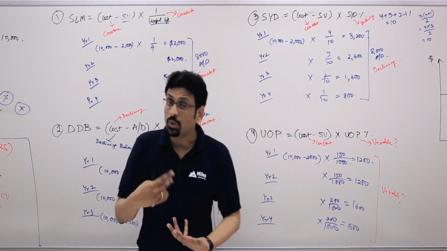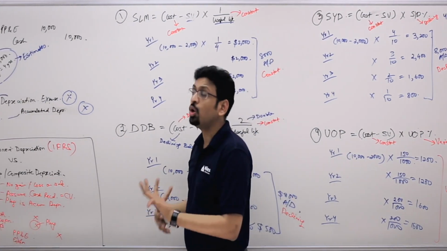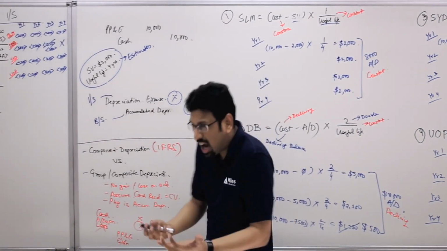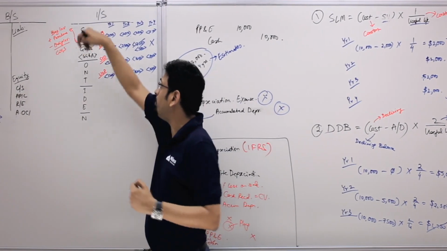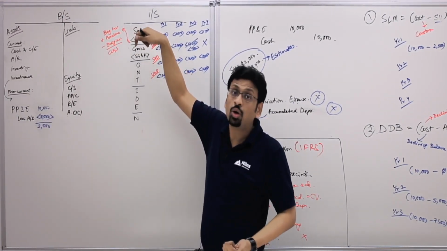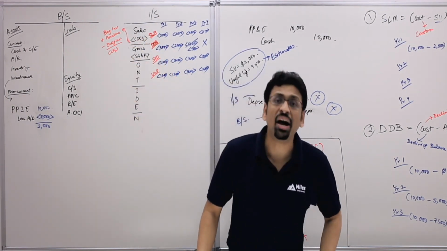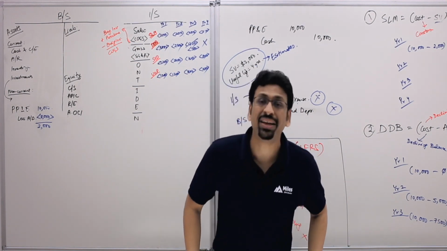Now, what you need to understand here is that depletion is going to be included in your cost of goods sold. After you extract your ores, you're going to be selling them. And the depletion expense is going to be included in your cost of goods sold. Now, how about if you haven't been able to sell all that you extracted?